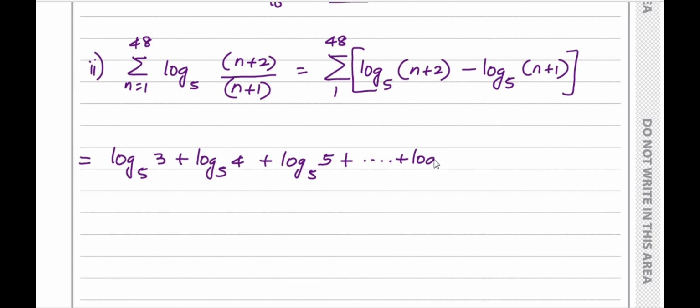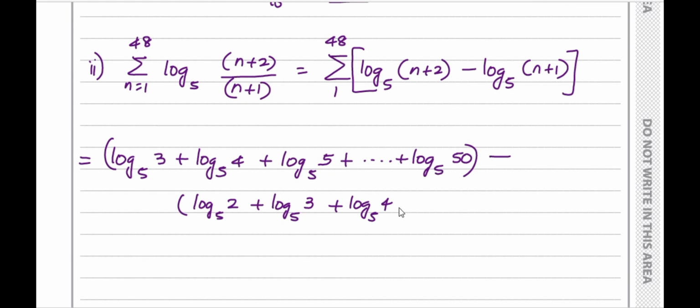That is log to the base 5 of 50. From this, we have to take out the second part. Writing that also, we get log to the base 5 of 1 plus 1, 2, plus log 3 to the base 5, plus log 4 to the base 5, and so on, until the last term is log to the base 5 of 49.